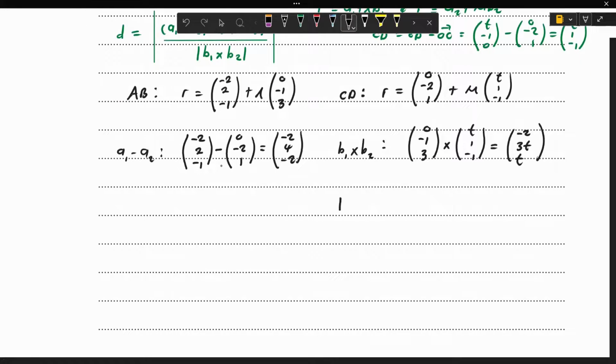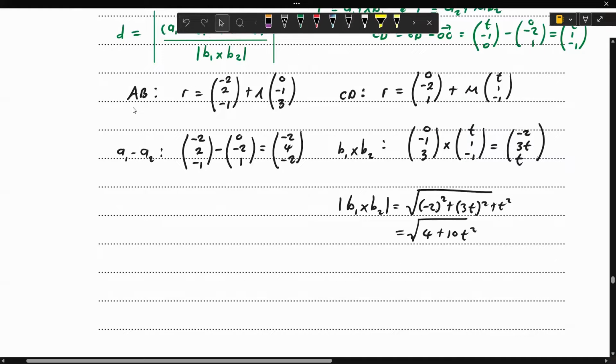And lastly, we'll need the modulus of that, which will be the square root of minus 2 squared plus 3t squared plus t squared, which is the square root of 4 plus 9t squared plus t squared. So that's 10t squared. All right. So with what we have, we can now find d.